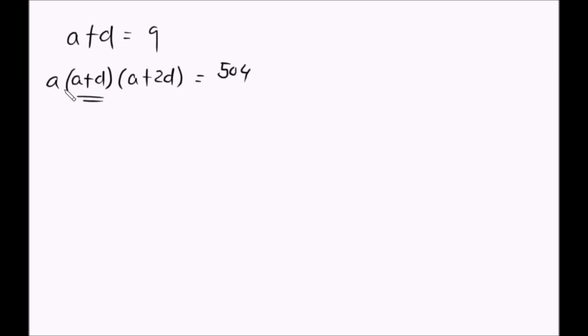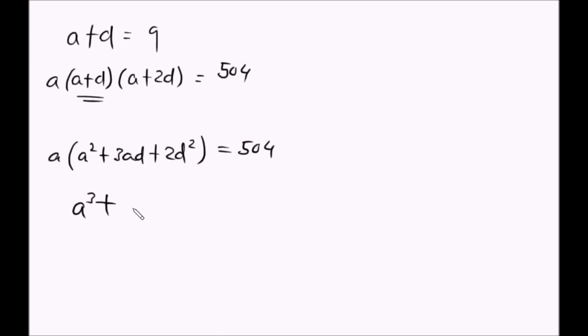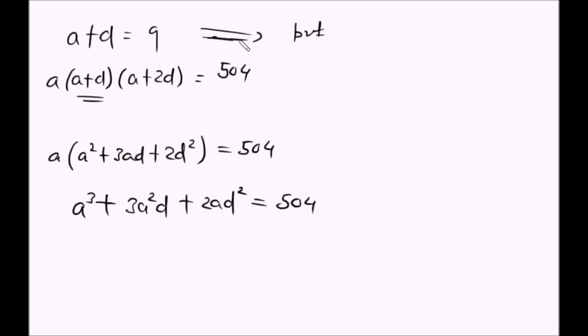So this one, if I expand it, I remain with a, so we're going to have a squared plus 3ad plus 2d squared equal to 504. Here I have expanded it, so multiply in the a, and I remain with a cubed plus 3a squared d plus 2ad squared equal to 504. But from here now, from this first equation, you can see d is equal to what? 9 minus a.